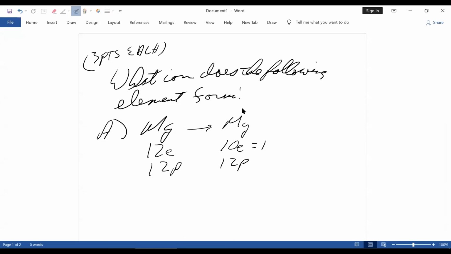Now, each electron has a minus charge. Each proton has a +1 charge. Do the math. This is -10. This is +12. And if I add them together, I'll get a +2.